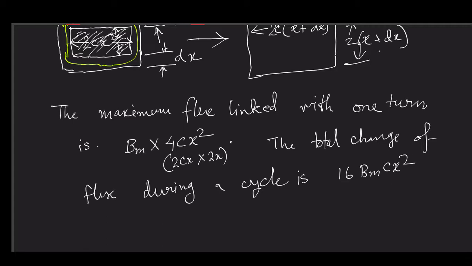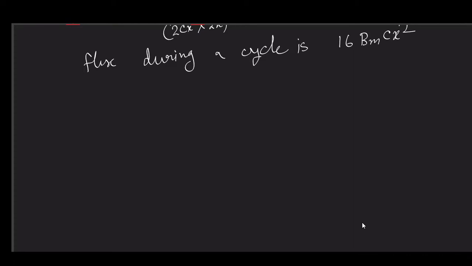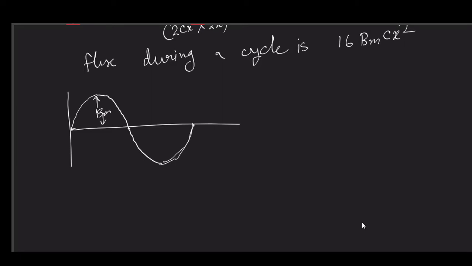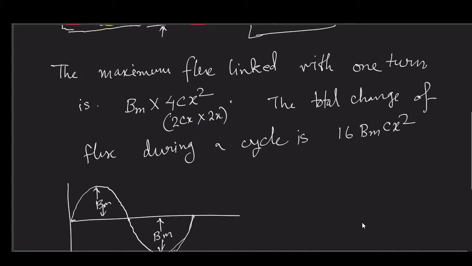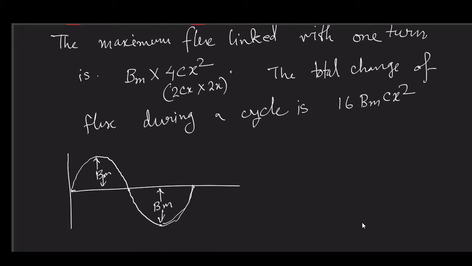If you draw the sine wave of flux, I am drawing the waveform for flux density, here it is Bm, and here it is again Bm. So what is the total change during this entire duration?